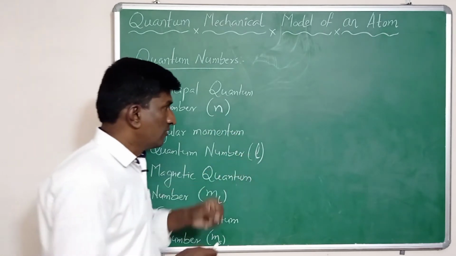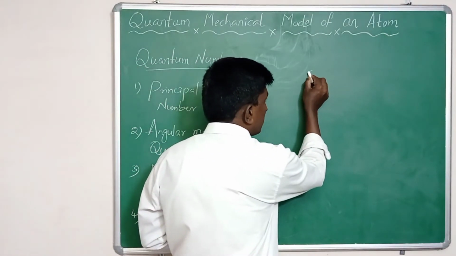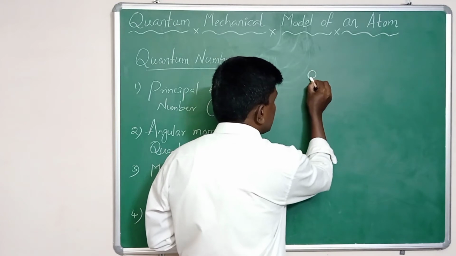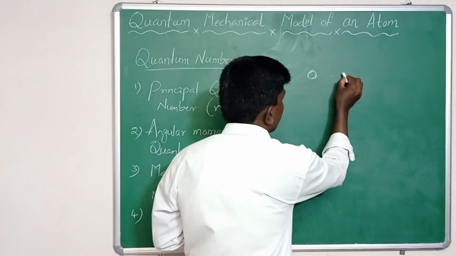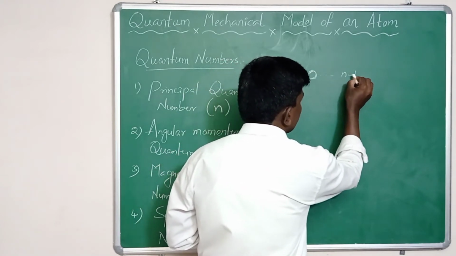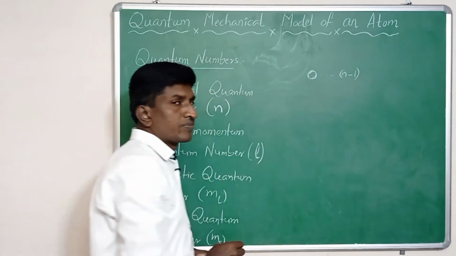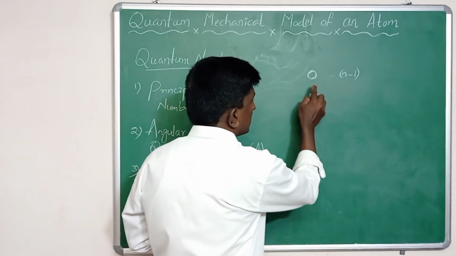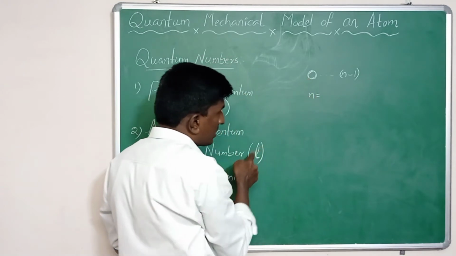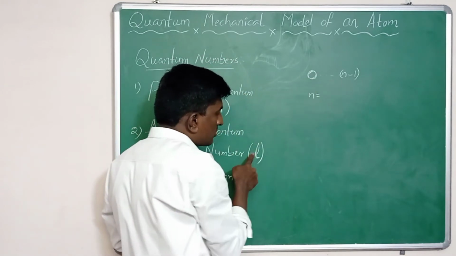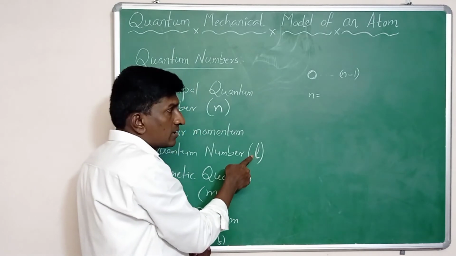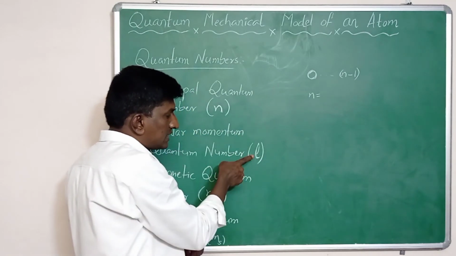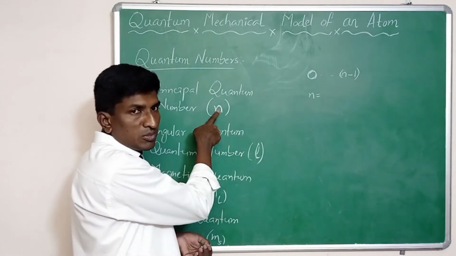The minimum L value is 0 and the maximum is n minus 1. So for any given n value, the minimum L value is 0 and the maximum L value is n minus 1.